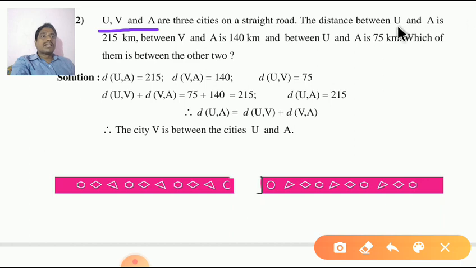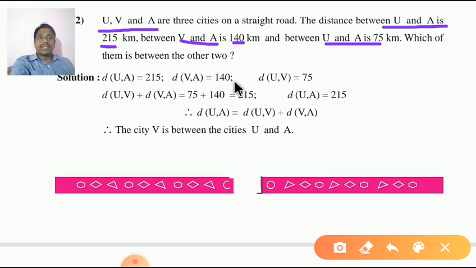Now first, the known distances: between U and A is 215 km, between V and A is 140 km, and between U and V is 75 km. We can write this as a mathematical expression. UA is 215 km, VA is 140 km and distance UV is 75 km. Now the largest number is 215.